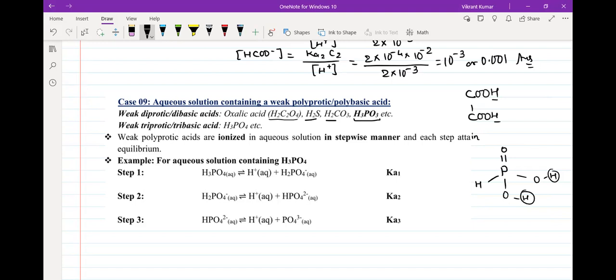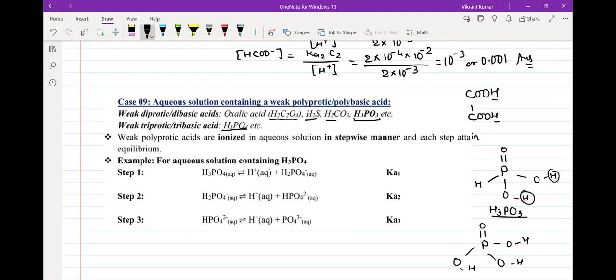So it is a weak diprotic acid, not a triprotic acid. H3PO4 has all the hydrogens protic. Now it has all the hydrogens bonded with oxygen only, and that's why we will say this is a weak triprotic acid. I'm giving you a triprotic example.